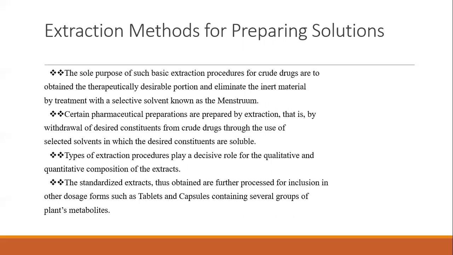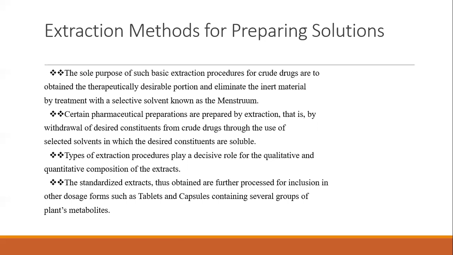For that, you need an inert material. We treat our portion with an inert material and extract out our desirable portion with a selective solvent. The solvent used in extraction is usually known as menstruum.